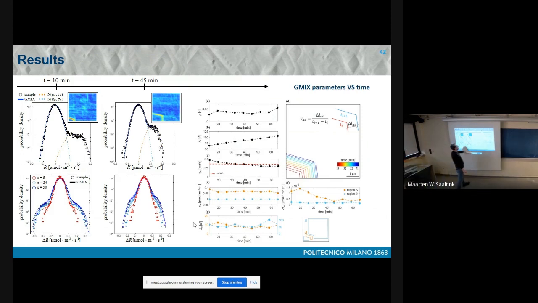So you have an estimate of the proportion, an estimate of the correlation scale of the bimodal indicator function, and of the correlation scale inside each field, which stays inside each of the two regions, which stays more or less constant in time, and of course the variance.